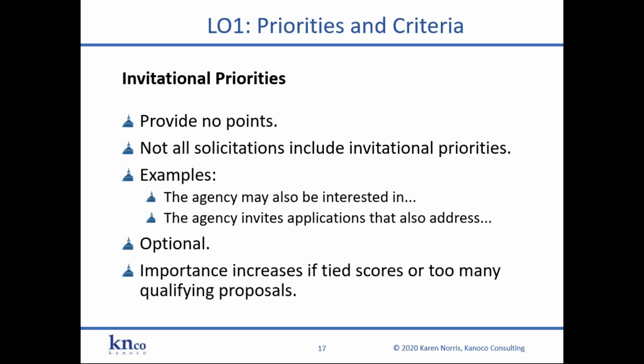Sometimes they'll rule things out by geographic region. They'll want to spread out the awards across the country. Sometimes they'll look at these invitational priorities, which might give somebody a bump up, in addition to the absolute priorities that they also address.